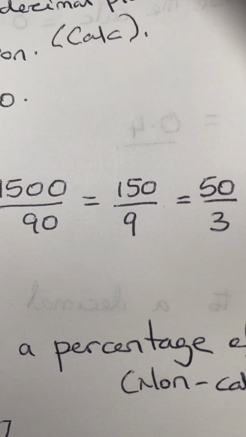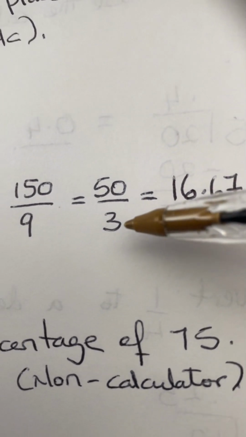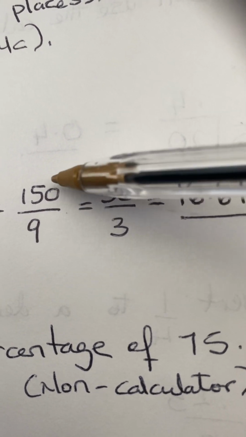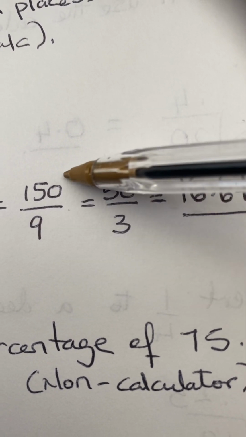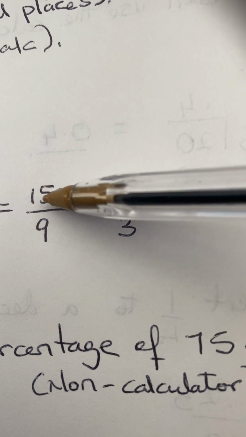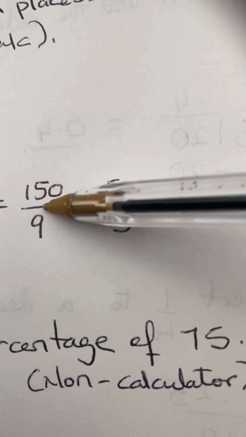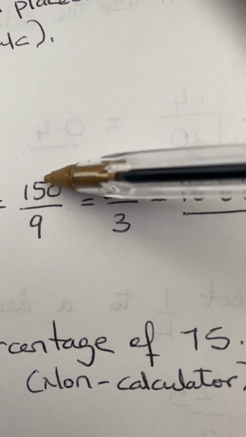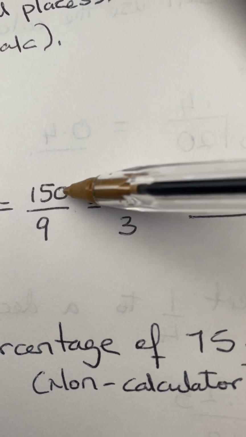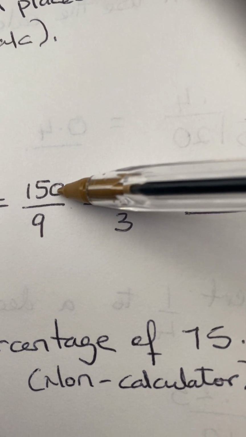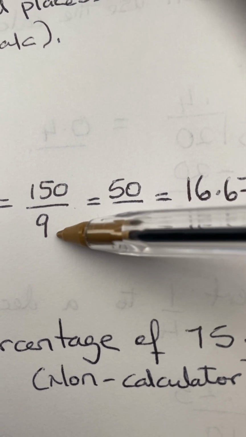Now we can go further. 3 is a factor of both, because 3 times 5 is 15, which is why we have 150 here, with the addition of 0. 3 times 3 is 9.